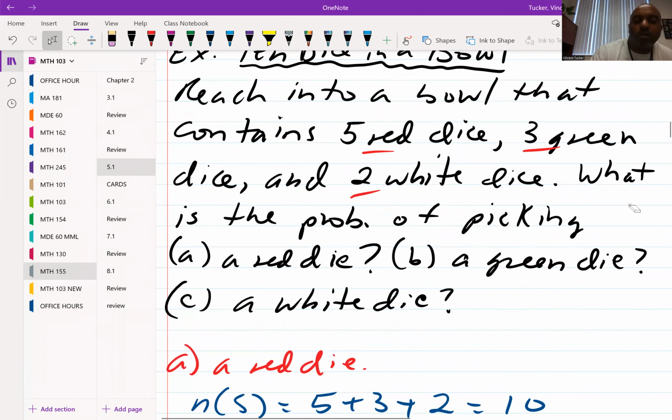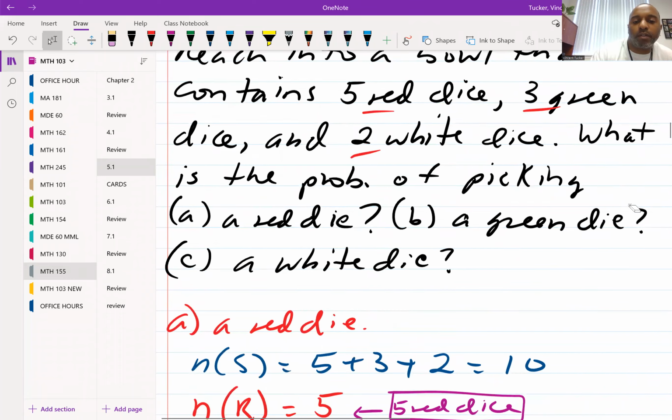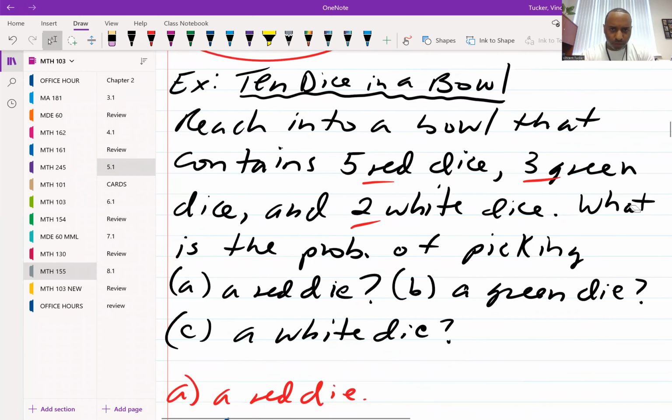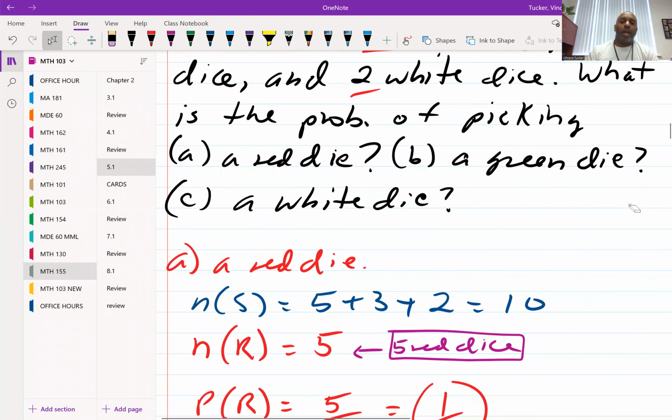All right, so let's look at A, the probability of getting a red die. First we need to know the number of dice that are in the bowl. So we add them all together. We have 5, 3, and 2. That's 10 dice in the bowl. So that's the number in our sample space.